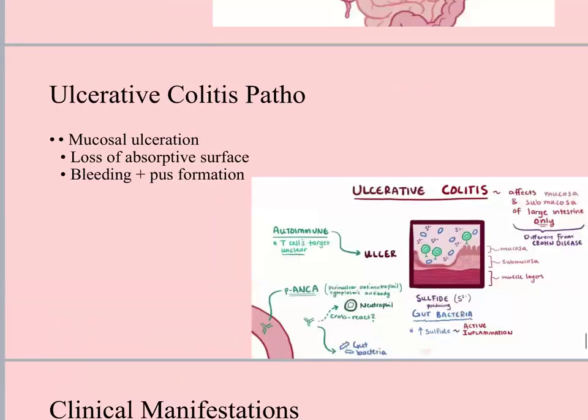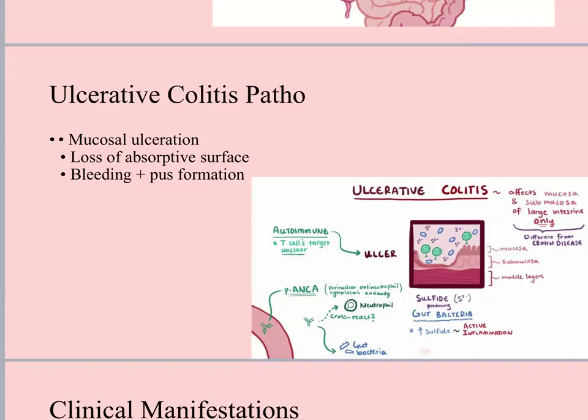So a little bit about the patho. We have mucosal ulceration. This is a chronic inflammatory disease and it affects the mucosal layer of the colon and the rectum. The inflammation is continuous, so once it starts at the rectum, it extends all the way through.